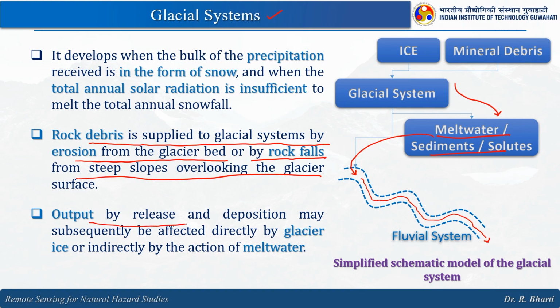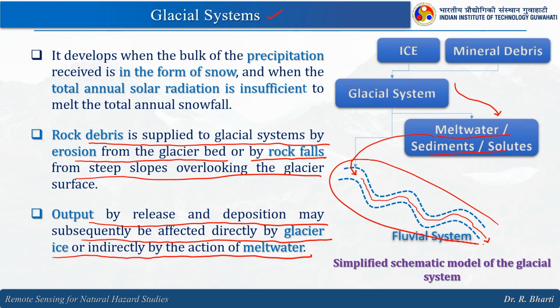Output by release and deposition may subsequently be affected directly by glacier ice or indirectly by the action of melt water. So whatever changes we see here are because of the melt water, sediment, and how this glacier system is getting affected by climate change, right.